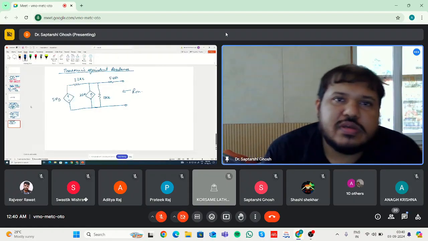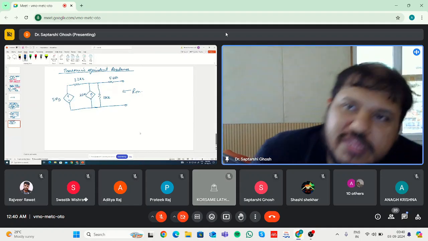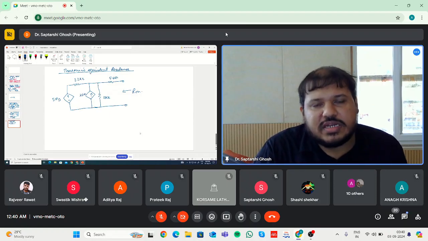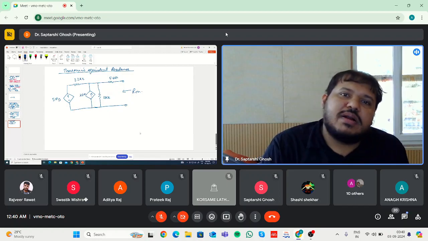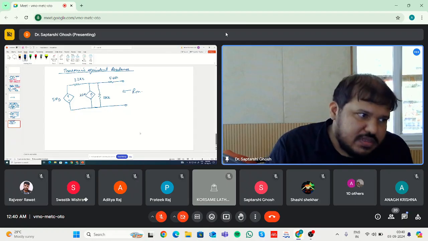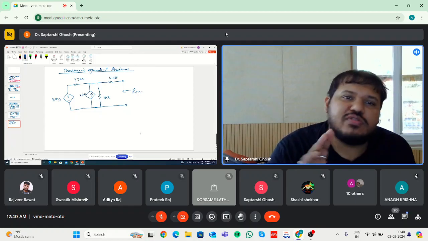Do you know? Anyone know how to deal with this? You have seen some books and everything. So do you know how to deal with this kind of circuit where you have to find the Thevenin's equivalent resistance, but there are dependent sources? These types of problems are very important. That's why I am especially solving these problems.